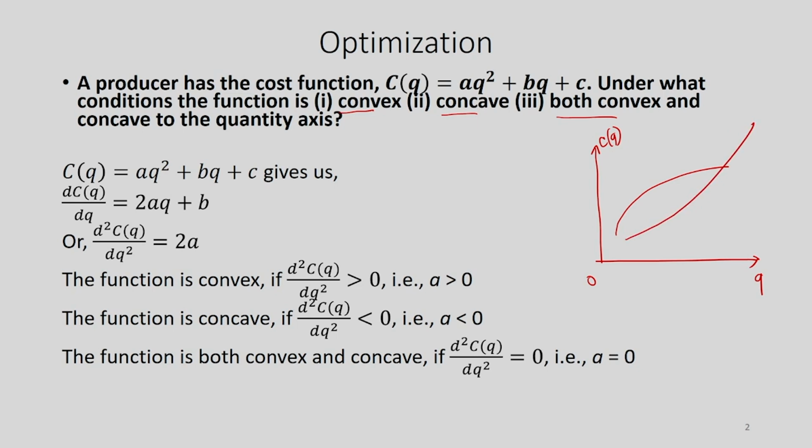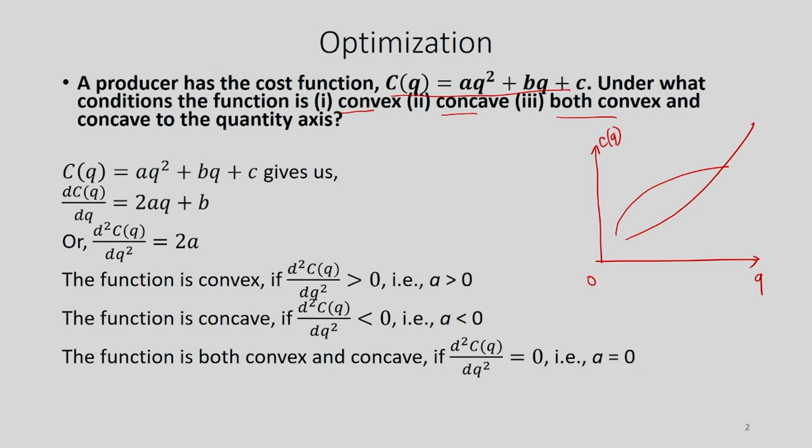We want to find out, given this particular form, C(Q) equals aQ square plus bQ plus c, which is a polynomial function, under what condition this polynomial function represents a convex cost function. That is part 1.